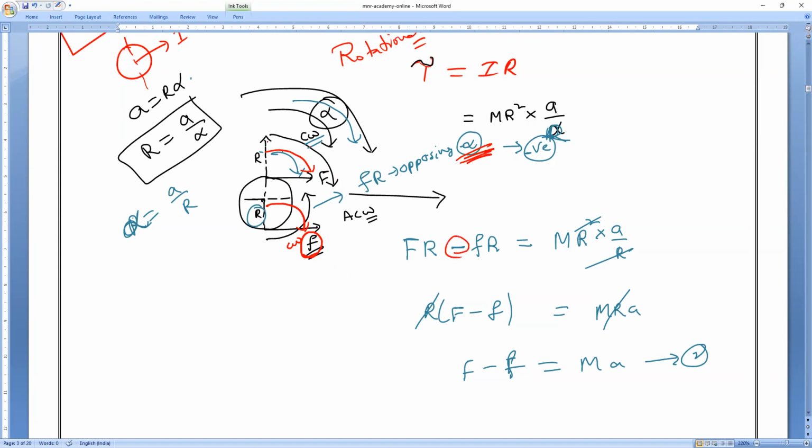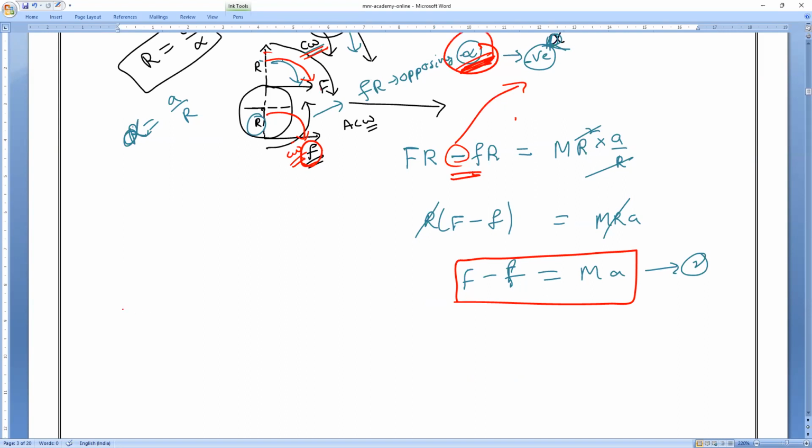So please remember, R cross F is clockwise. Here it is also clockwise, but it is opposing the angular acceleration, so it has been taken negative. Whoever is opposing is always negative; whoever is supporting, we take positive. So you will get the equation F minus small f is equal to MA. So these are the two equations.